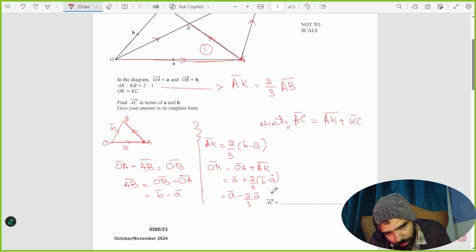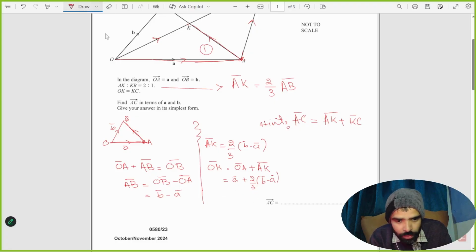Let me write it down. OK is A minus 2 by 3A. How much is A minus 2 by 3A? Correct. Plus 2 by 3B.